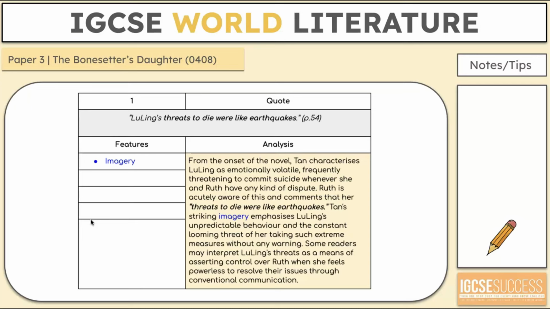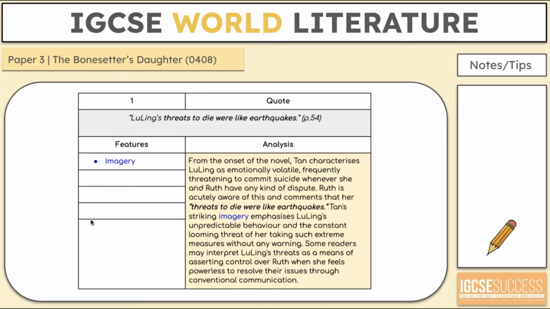From the onset of the novel, because this happens quite early on, Tan characterizes LuLing as emotionally volatile, frequently threatening to commit suicide whenever she and Ruth have any kind of dispute. Ruth is acutely aware of this and comments that her threats to die were like earthquakes.